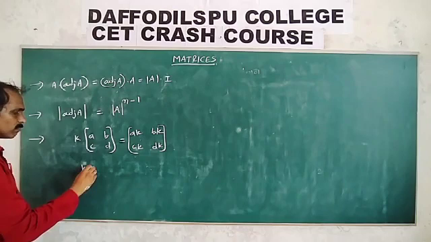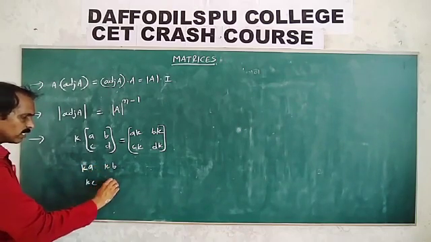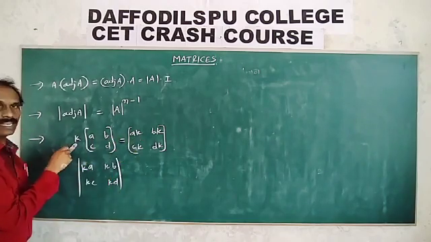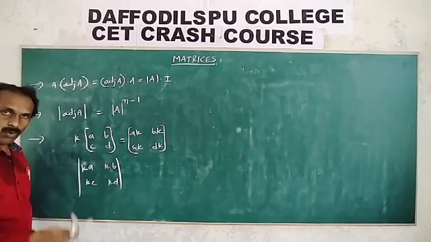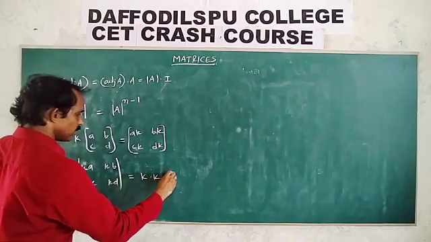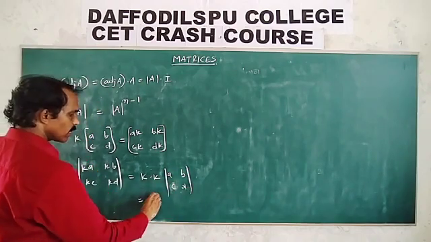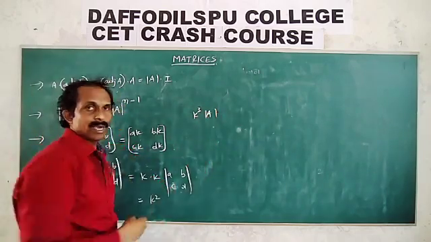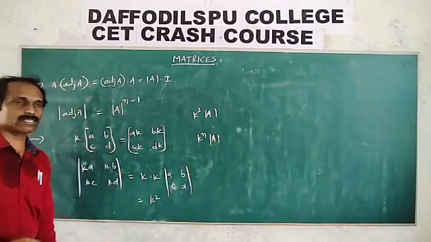If you want KA, KB, KC, KD, take out the common factor from either one row or one column, so K into K. Therefore for 2 by 2 it means K square, 3 by 3 means K cube into det A, and n by n means K power n into det A.